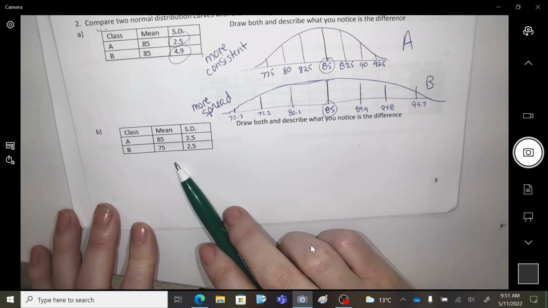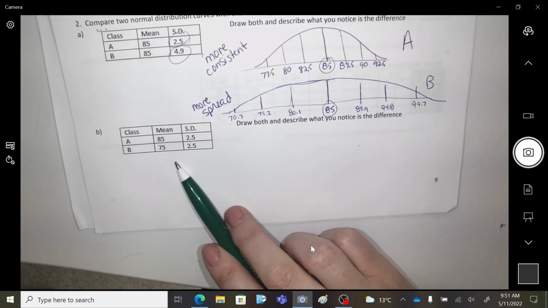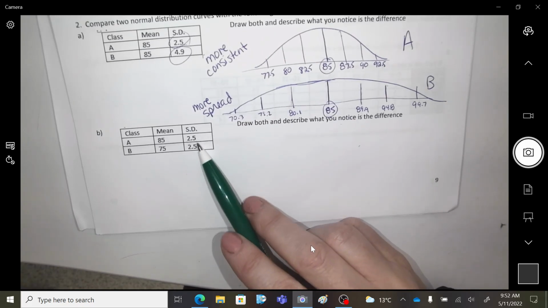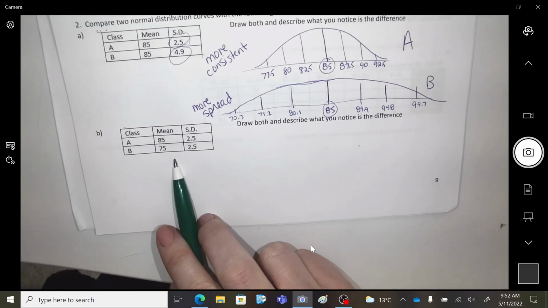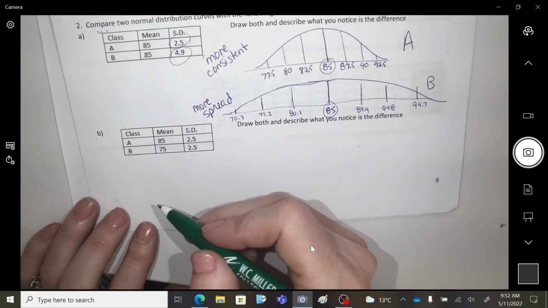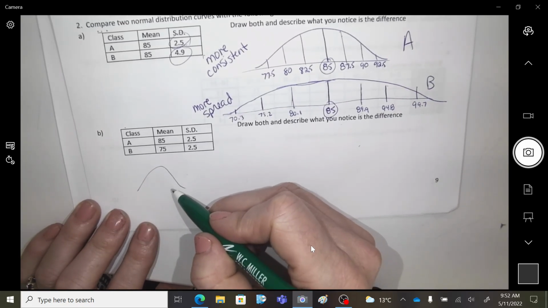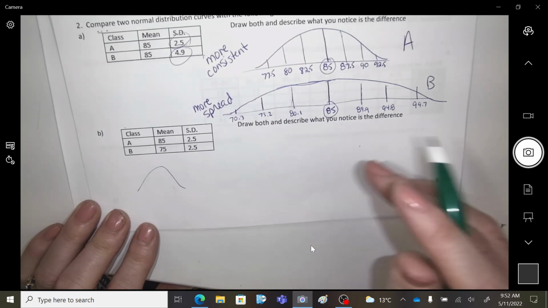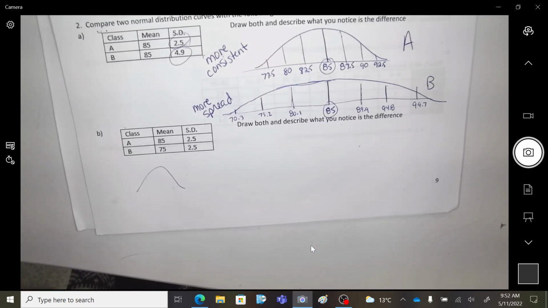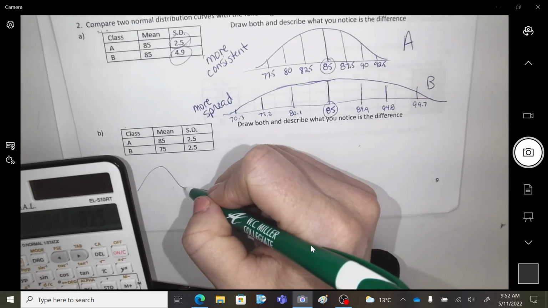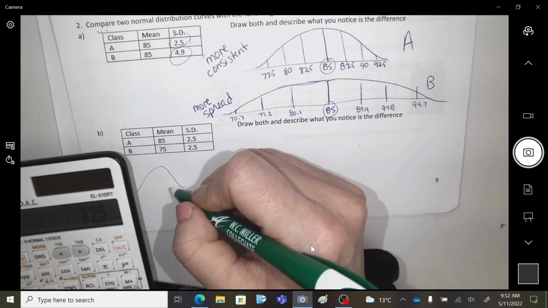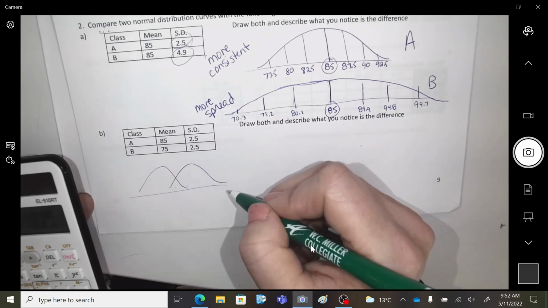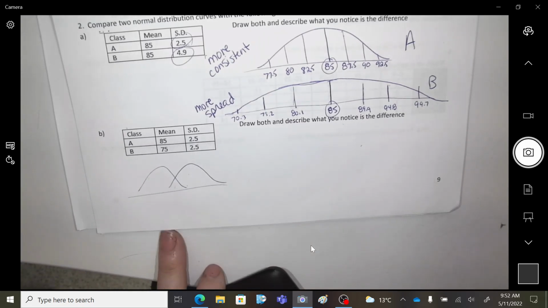Okay, when you do this one, these have the same standard deviation, but the mean is different. I'll just give you a rough idea of what it will look like. This would kind of be the idea when you're done.